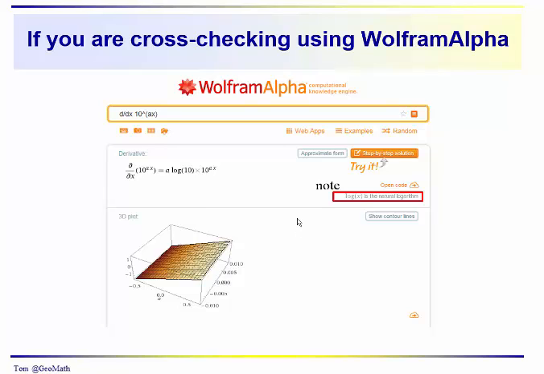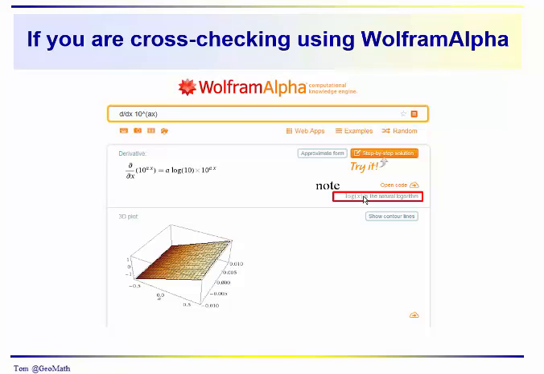Now if you do use Wolfram Alpha, and a lot of students do, it's a good way to check things, it's a good way to learn, they go through the steps for you, so I wouldn't discourage you from doing it. But when you do something like take the derivative of 10 to the ax, you'll get a result that looks like this, which is very similar to what we got, except that we have the log of 10, and in most cases we think of log, when it's spelled out like that, as being base 10.